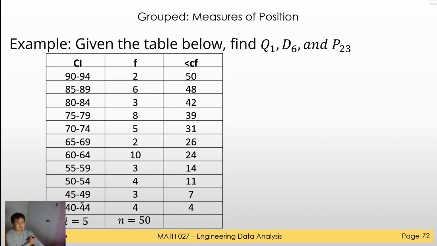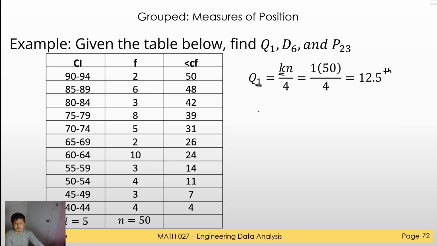So how do we find Q1? Similar to what we did in the ungrouped data set, we use the formula kn over 4 for quartiles. Since this is Q1, k is equal to 1. So we have 1 times n, where n is 50, over 4, which is 12.5. The 12.5 will be the position in the frequency.